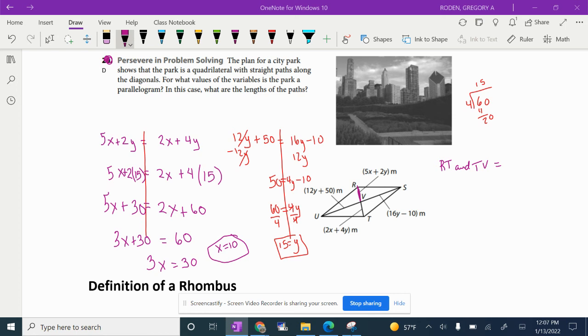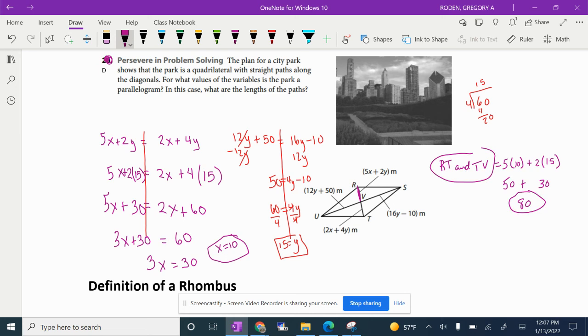X is 10 and y is 15. So we'll say 5 times 10 plus 2 times 15, right? Well, 5 times 10 is 50. 2 times 15 is 30. 50 plus 30 is equal to 80. So we know that RT and TV are equal to 80.